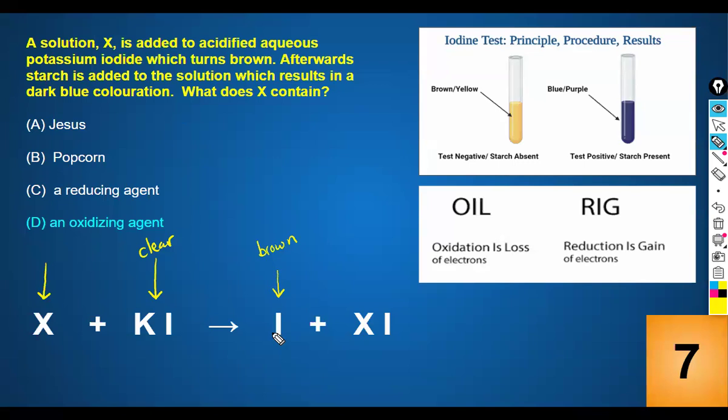Iodine by itself. When iodine is in water or in a solution, it has a brown color. Now, when iodine is joined to potassium, it has no color. It's only when the iodine is by itself. So that means X kicked out iodine, right?